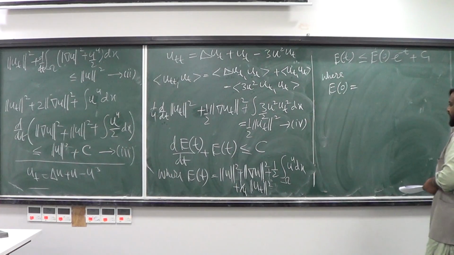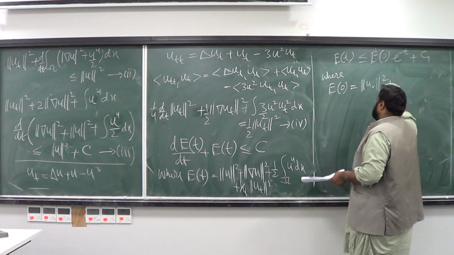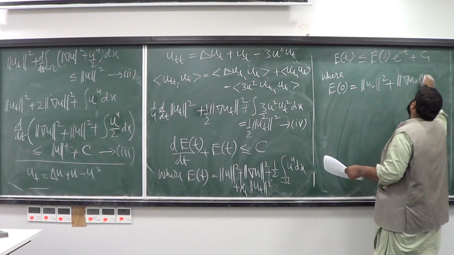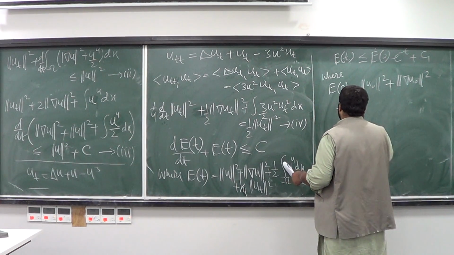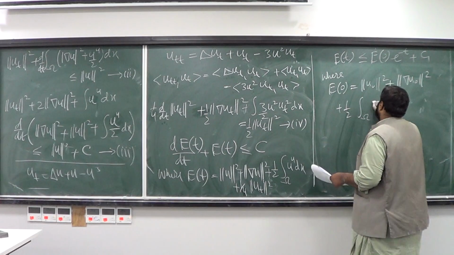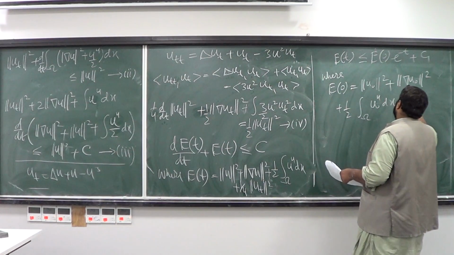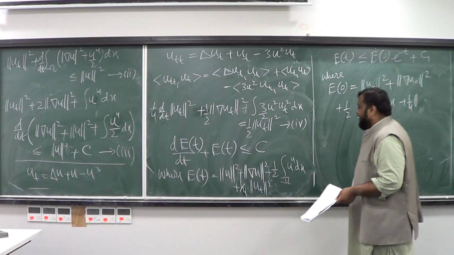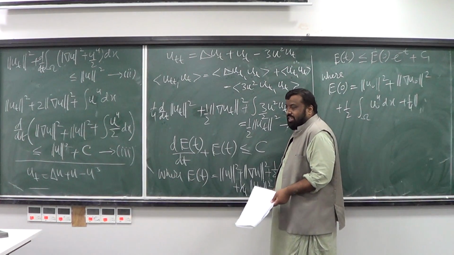E of 0 is the norm of u0 squared plus the gradient of u0 squared plus 1/2 of the u0 to the power 4 dx plus 1/4 of, now u0, it doesn't make sense to calculate the time derivative of u0 actually.